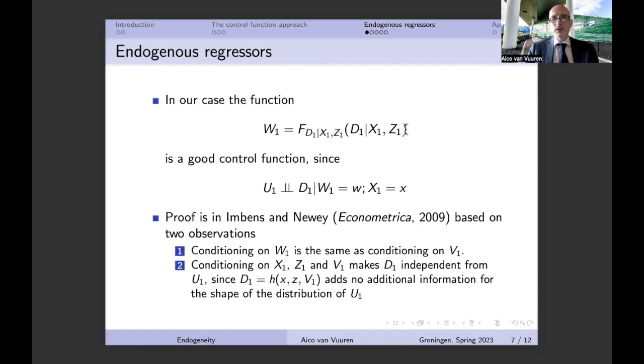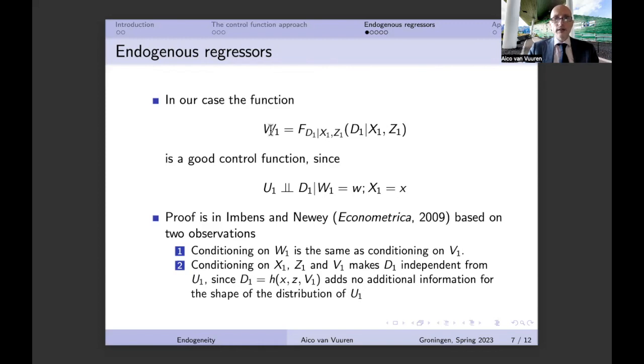That's not because the distribution function is random, since distribution functions generally are not random, but because D1, X1 and Z1 are random. We already know that when we evaluate a function in a random variable, we also get a random variable. That means the right hand side is a random variable, and so W1 is a random variable.